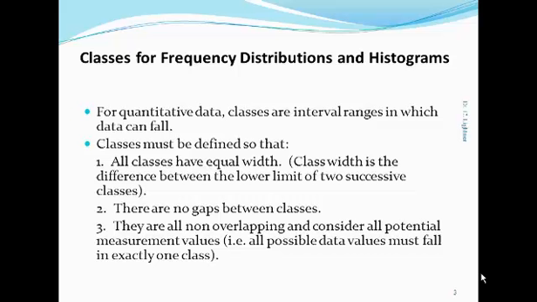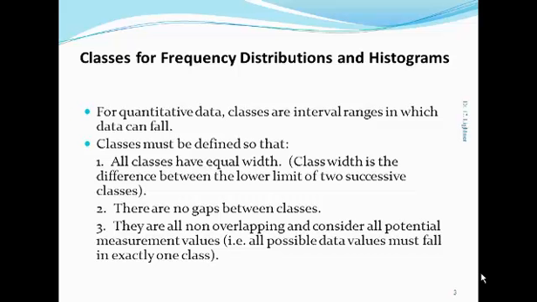The second requirement is that there must be no gaps between your classes. Having one class range from 0 to 10 and the next begin at 12 ranging to 22 would leave a gap for potential values to fall between.